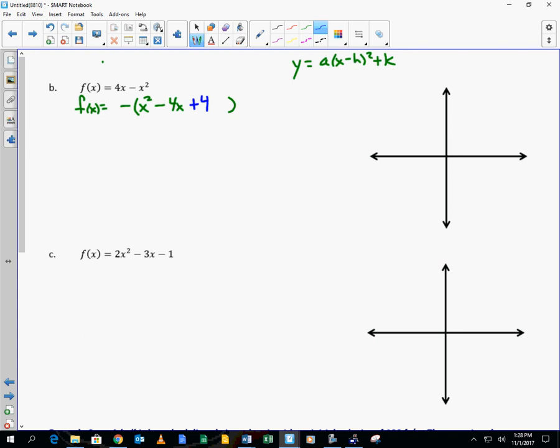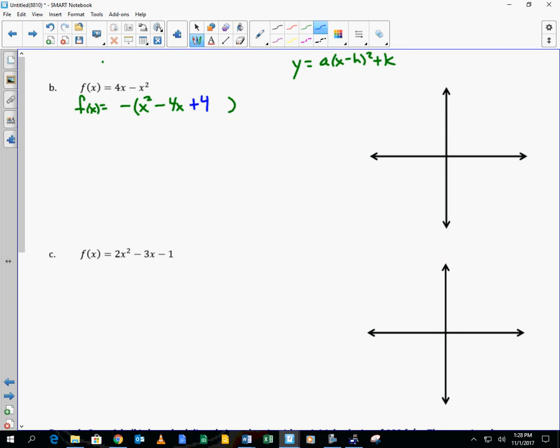But before you do that, everybody pause. Okay? The true value of this x squared, is this x squared positive or is it negative? It's negative, right? Is this 4x positive or negative? It's positive. Is this 4 positive or negative? It is negative. So we did not add 4 to both sides.